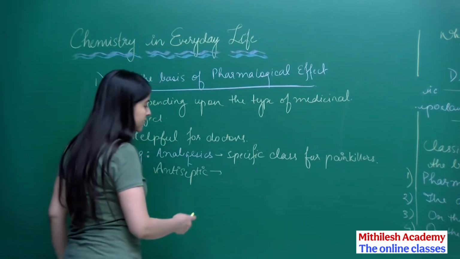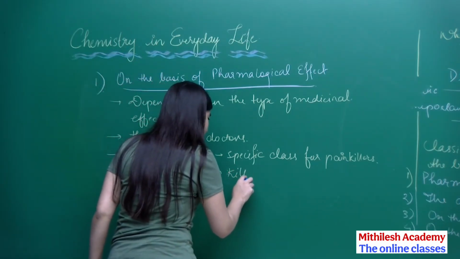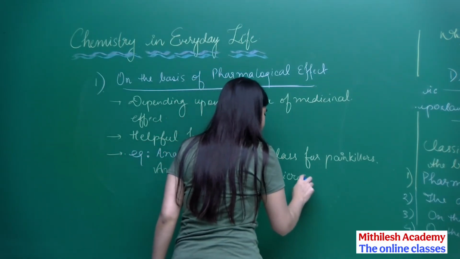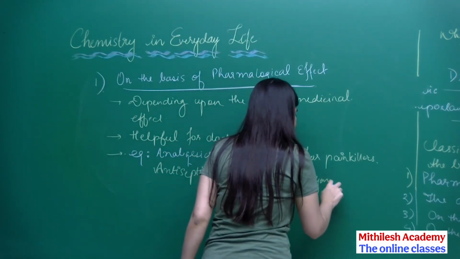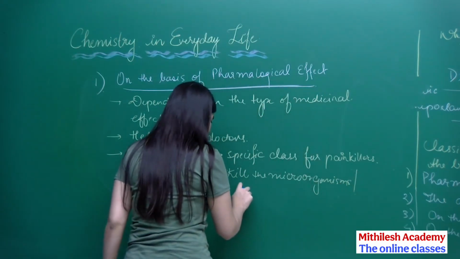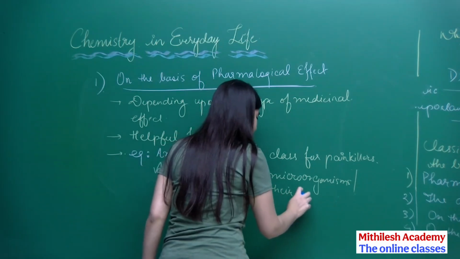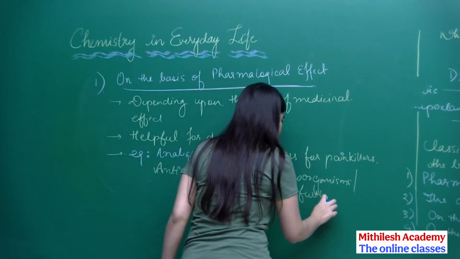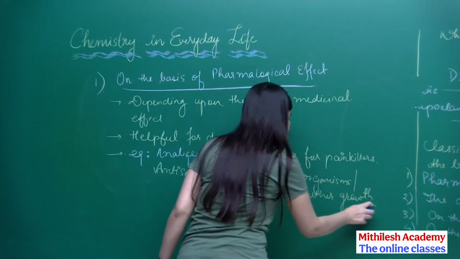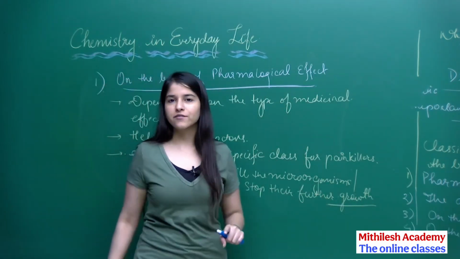So basically antiseptics kill the microorganisms, or what? They stop their growth. So that is a very basic classification. I hope you all have got this.